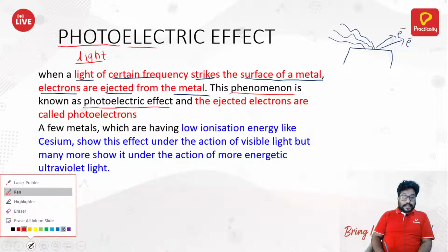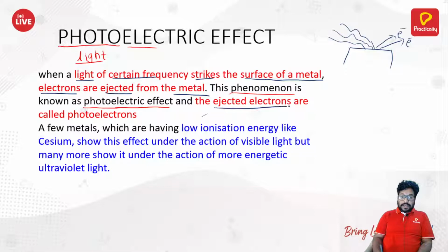Those ejected electrons are called photoelectrons. So these electrons that you are seeing here are called photoelectrons.